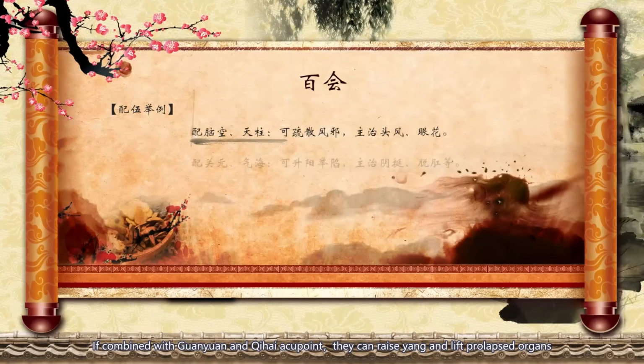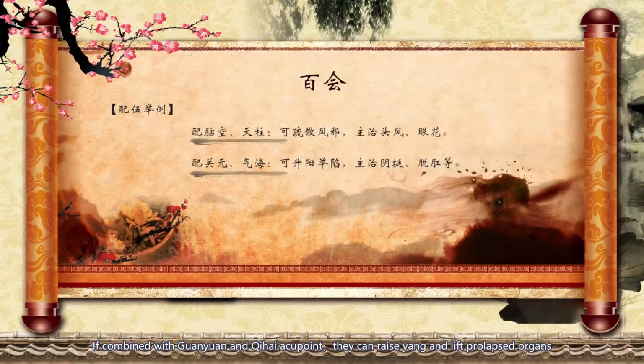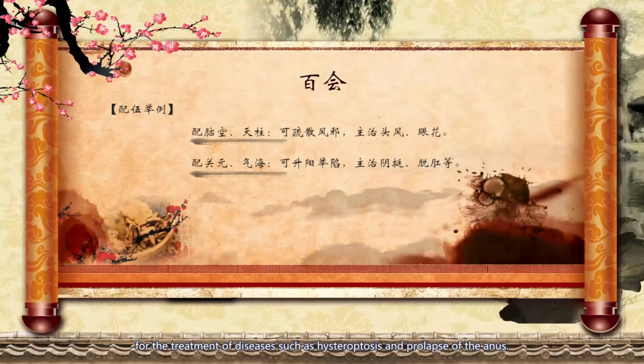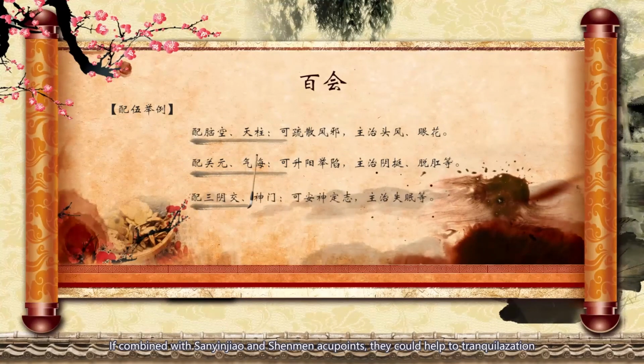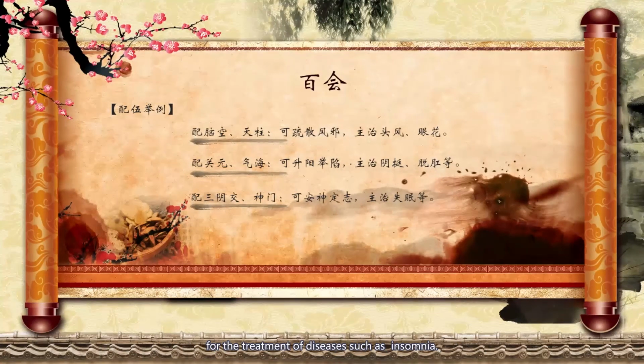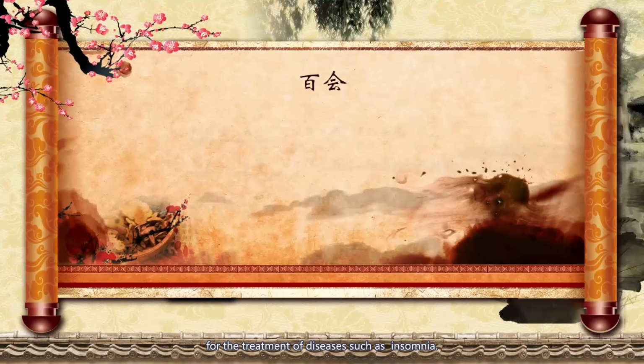If combined with Guanyuan and Qihai acupoints, they can raise yang and lift prolapsed organs for the treatment of diseases such as hysteroptosis and prolapse of the anus. If combined with Sanyinjiao and Shenmen acupoints, they can help tranquilize the mind for the treatment of diseases such as insomnia.